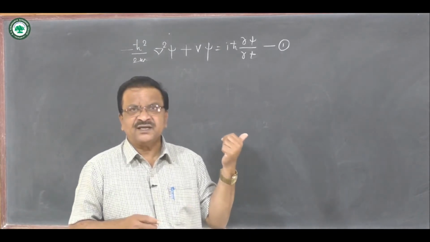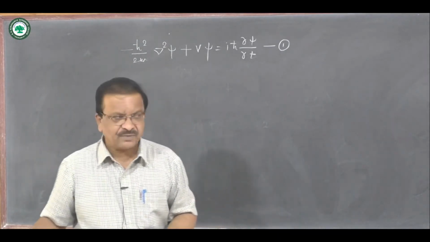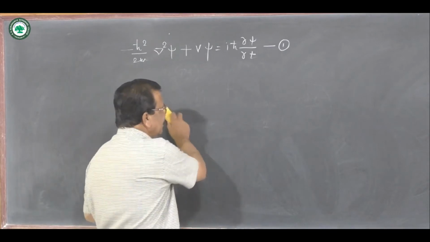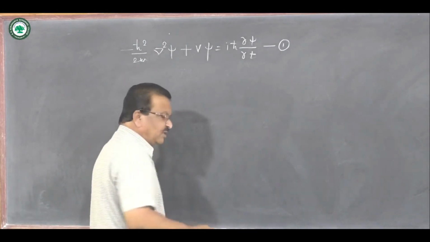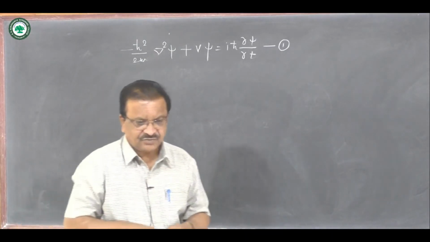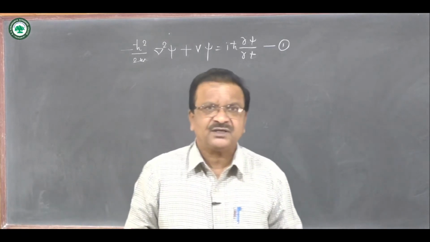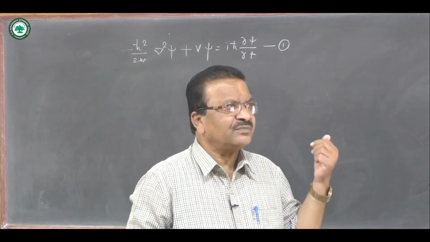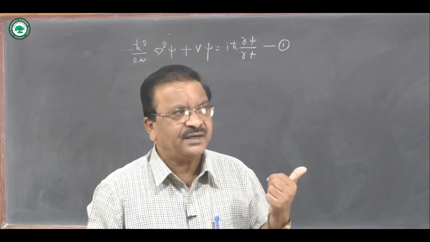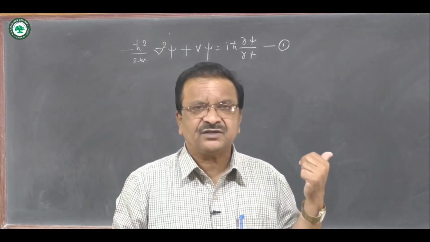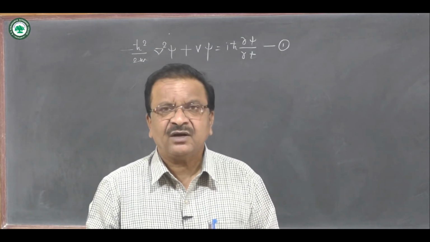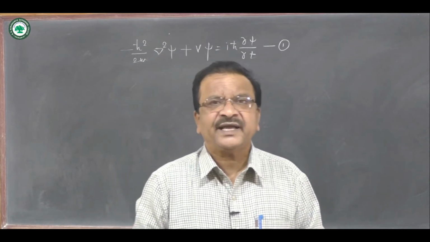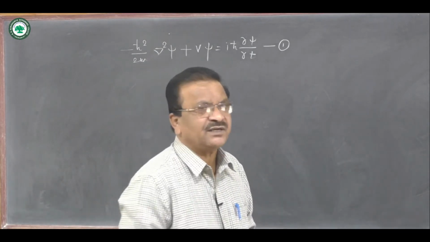The reason is it is based on conservation of probability. The probability must be conserved, and therefore for conversion processes you cannot apply this equation. Now from this time dependent Schrodinger equation in 3 dimensions, we are going to derive the time independent Schrodinger equation.